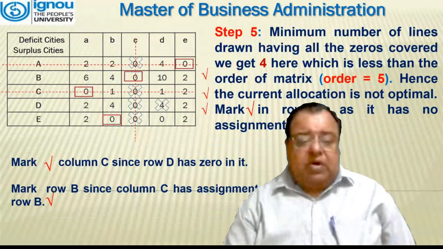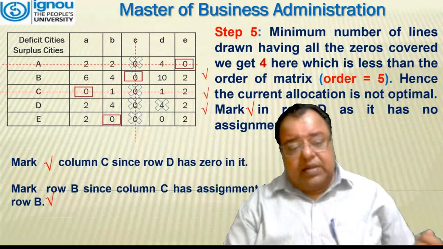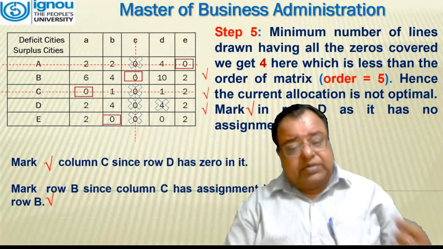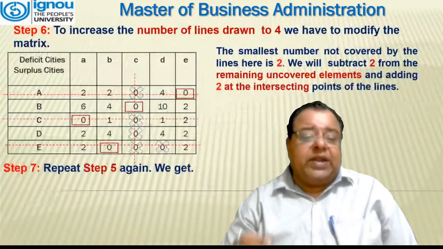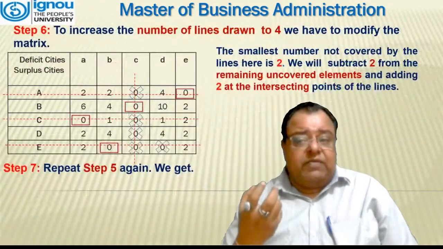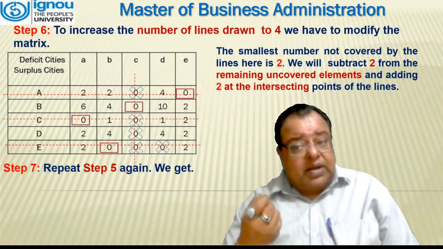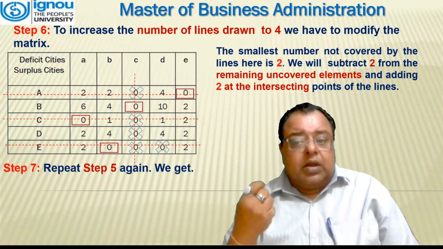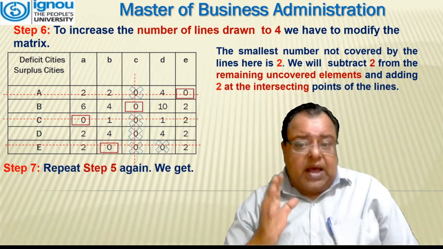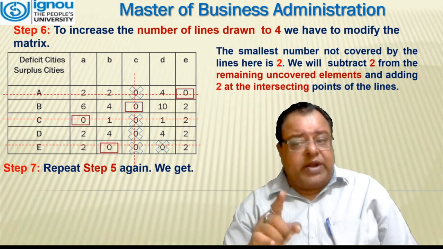Mark tick to column C since row D has 0 in it, and mark tick row B since column C has assignment in row B. To increase the number of lines drawn to 5, we have to modify the matrix. The smallest number not covered by the lines here is 2. So we will subtract 2 from the remaining uncovered elements and add 2 at the intersecting points of the lines.